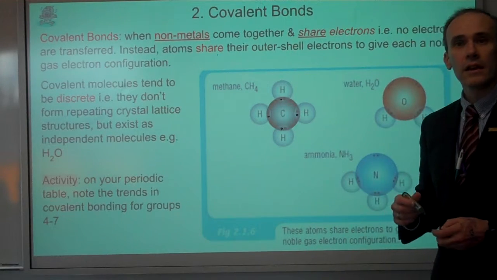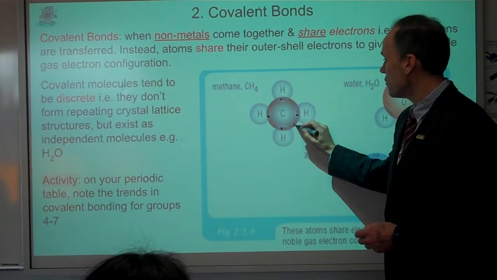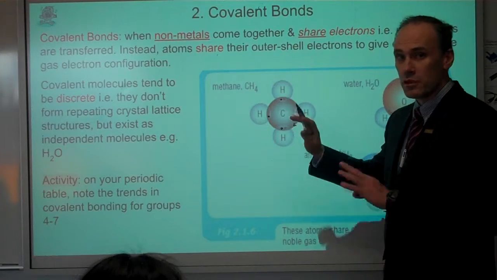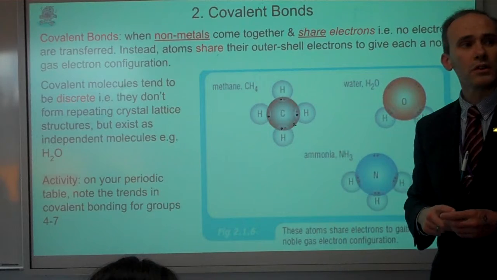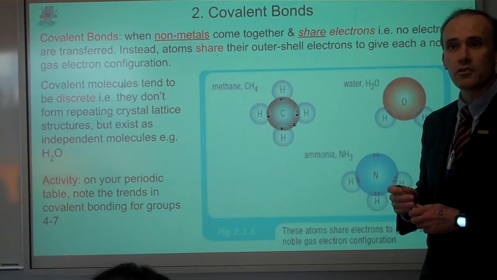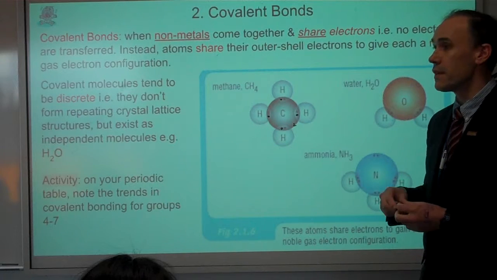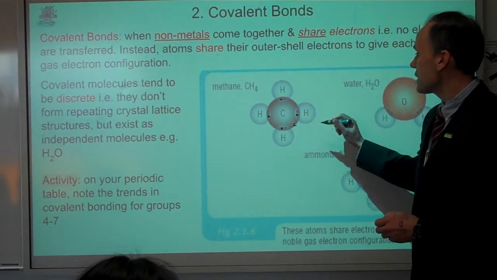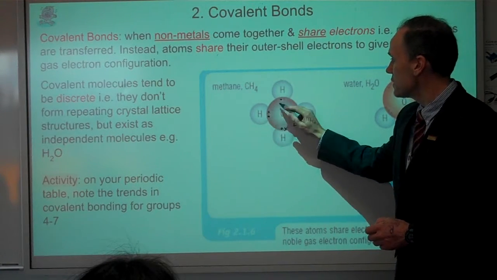They're in the L shell, so we may as well put a little L there for L shell. There's a K shell inside, but we're not interested in that. It's got 2 electrons in it. And how many electrons does hydrogen have in its valence shell? It only has that 1 electron, and that's in which shell? The K shell. It only has a K shell, and it has 1 electron in each case.